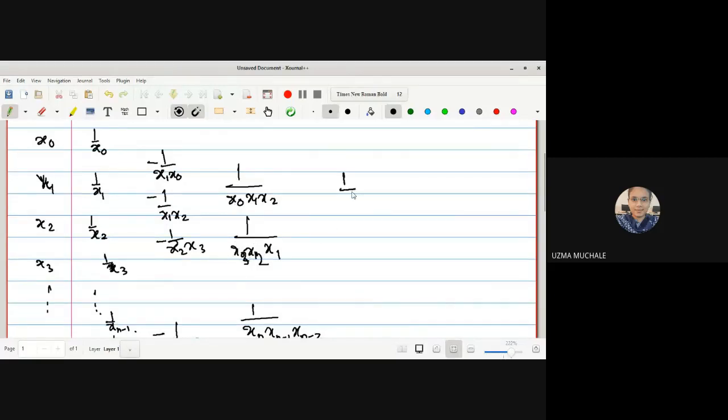Okay. What you have to do? x3, x2, x1 minus 1 upon x naught, x1, x2 divided by x3 minus x naught. Okay, calculate this so that you can get the general formula, and then finally you can get the nth divided difference formula. Okay, calculate it and tell me fastly.